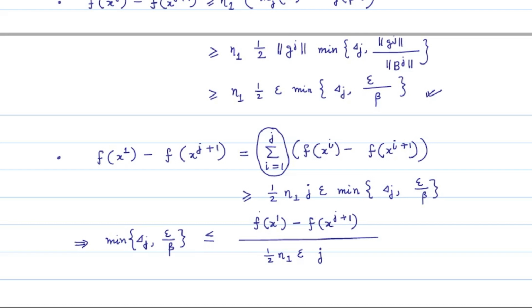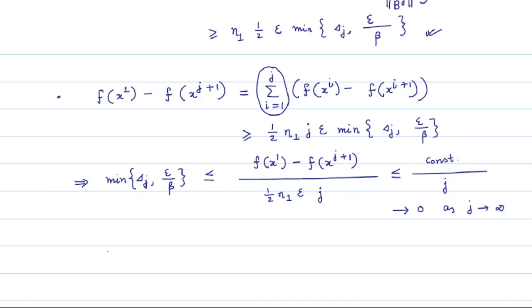As the function f is assumed to be bounded in the initial level set L0, this quantity further is less than or equal to some constant divided by j, which tends to 0 as j tends to infinity.